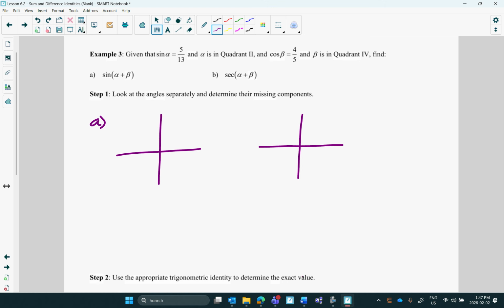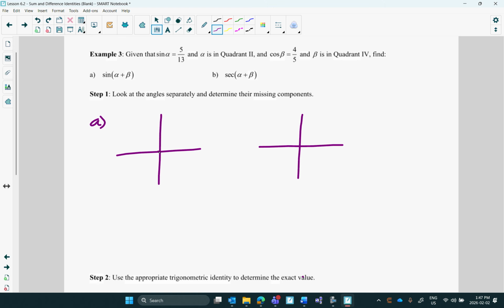And why did I do two? Because we've got two different angles, alpha and beta. So this first one regarding angle alpha, I'm told that it's in quadrant 2 and that the sine is this ratio. Okay? So I need to draw a right triangle in quadrant 2.